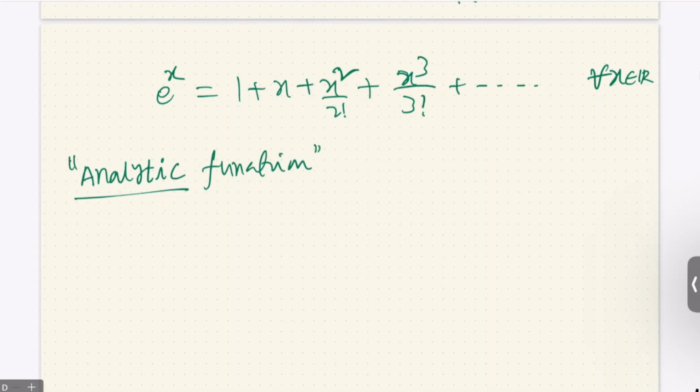Do you know this one or not? Analytic functions. Have you heard of analytic functions? I hope you have already come across analytic functions somehow.